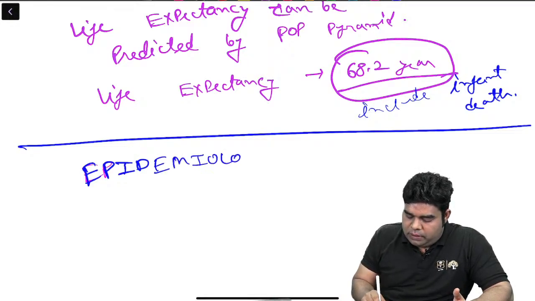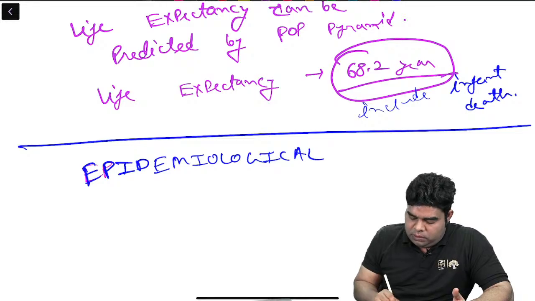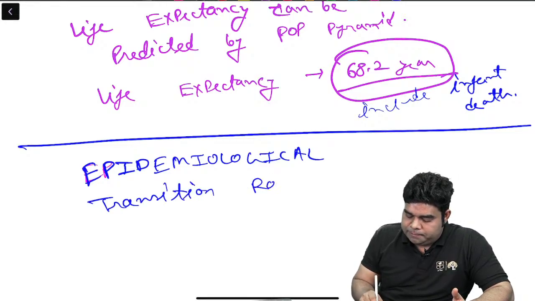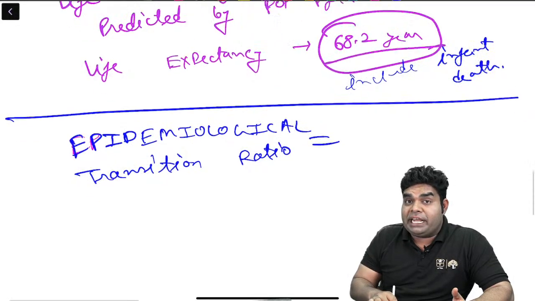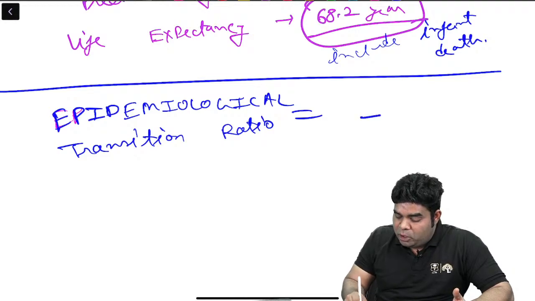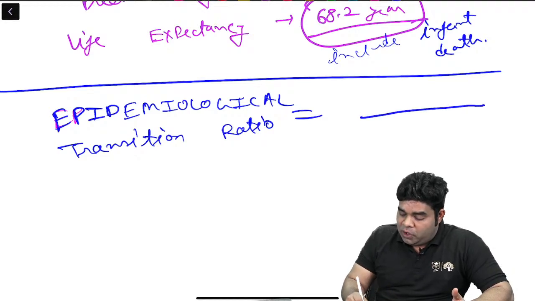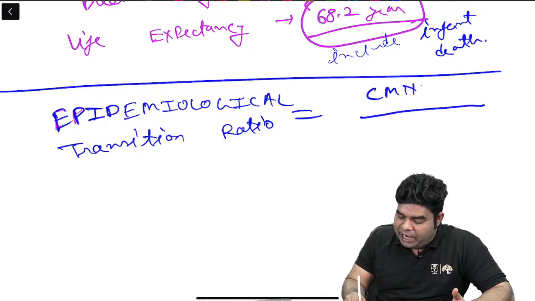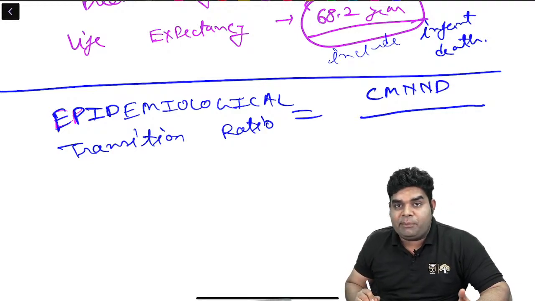So this is something which compares whether the communicable diseases are more in the country or the non-communicable diseases. In epidemiological transition ratio, we write CMNND at the top. What is CMNND?